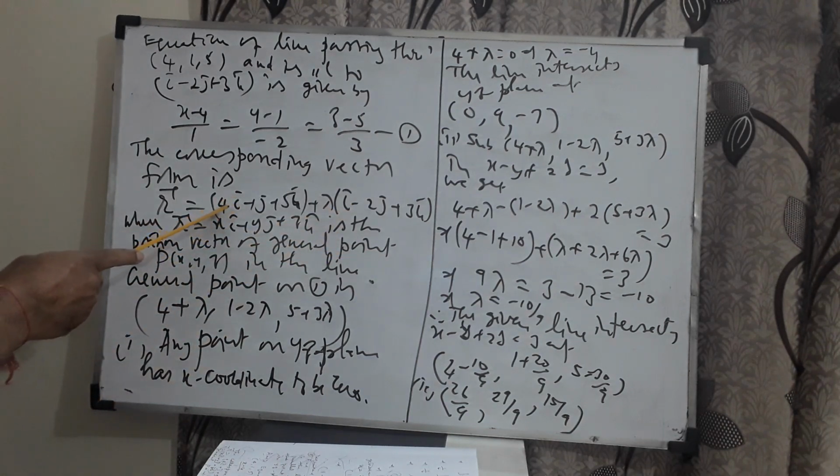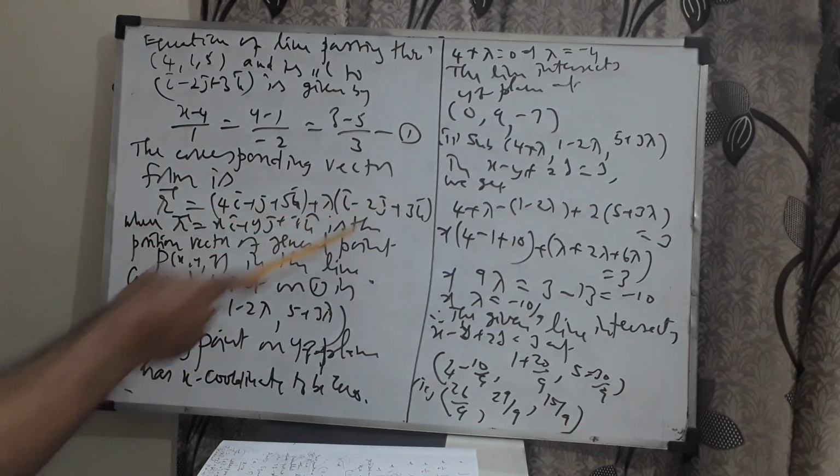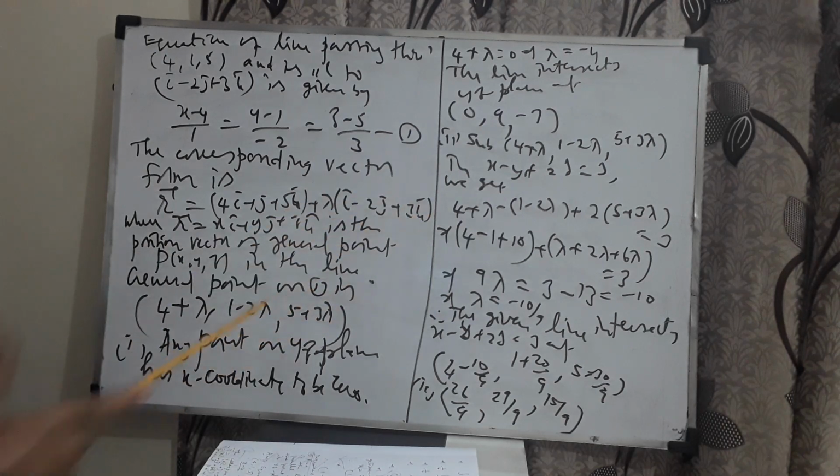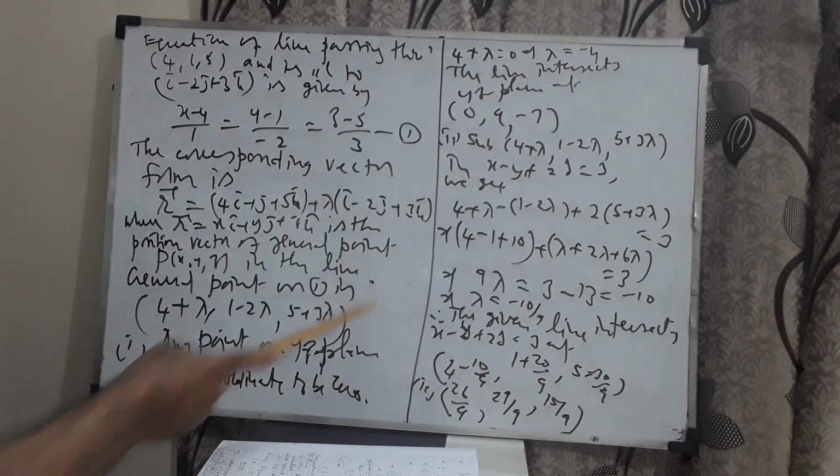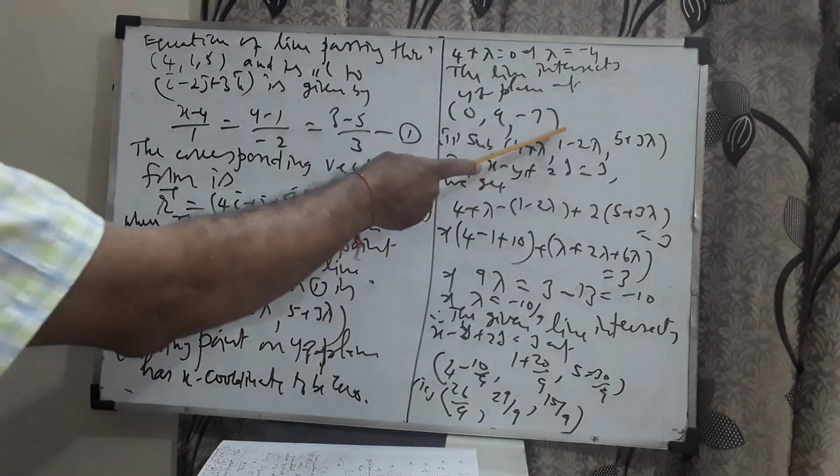Now the x coordinate will be 4 plus lambda, y is 1 minus 2 lambda, z is 5 plus 3 lambda. That will be the corresponding general point. To identify where it intersects the YZ plane, equate the x coordinate to 0, since any point on the YZ plane has x coordinate 0. 4 plus lambda equals 0 means lambda is minus 4. Then 1 plus 8 is 9, and 5 minus 12 is minus 7.